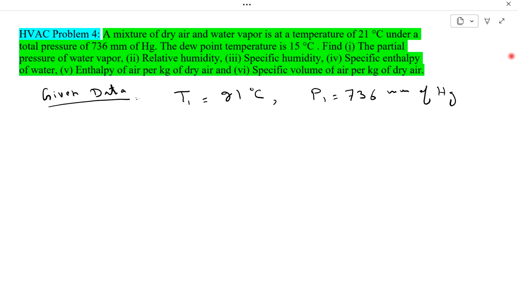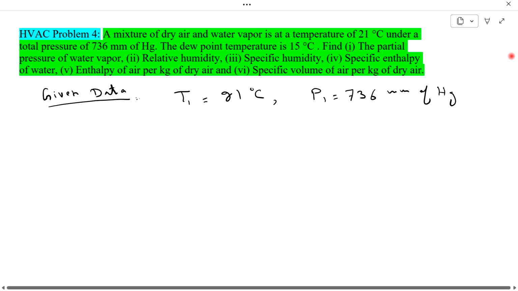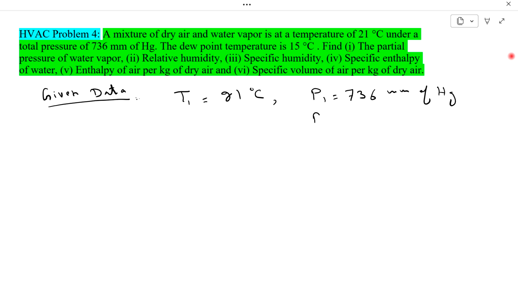Convert this pressure into Newton per square meter. So P1 is equal to 736 multiplied by 133.5 Pascal or Newton per square meter. 1 millimeter of Hg is equal to 133.5 Newton per square meter.